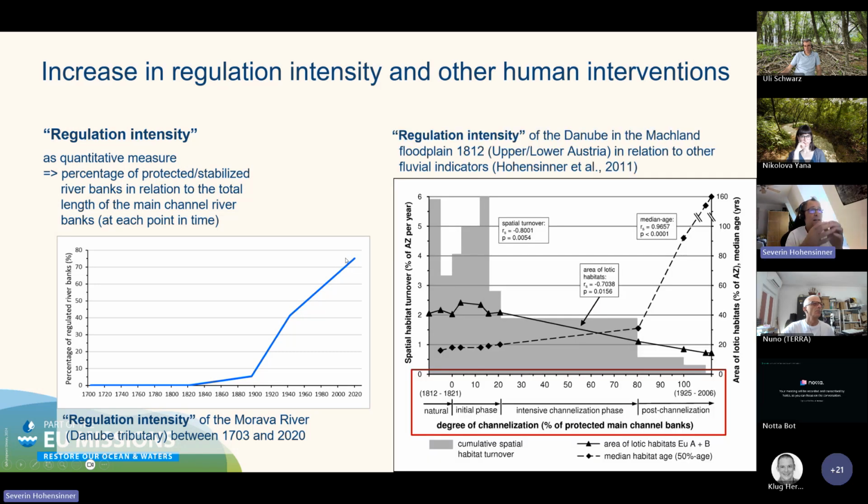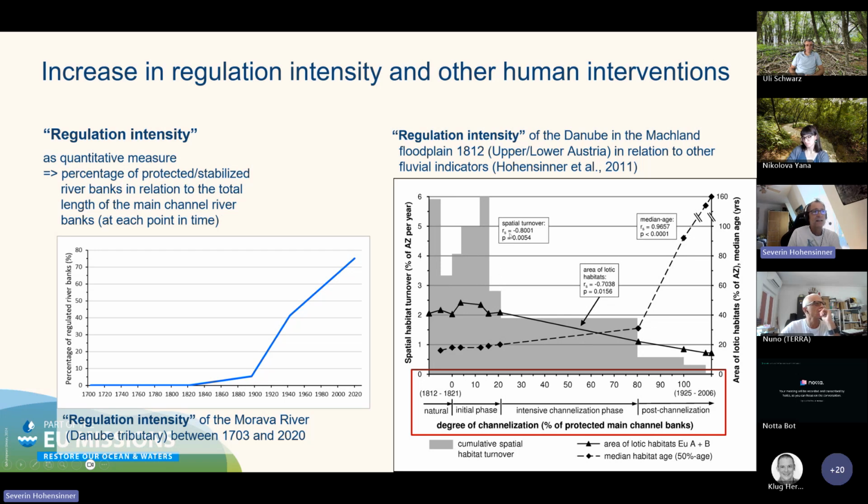And here another analysis. We will not do this in this form in DANSER, but the connection between regulation intensity in relation to other fluvial indicators. You see here in the x-axis the regulation intensity, or here called degree of generalization, from 0 to 100%, and different metrics, how they reacted with ongoing river regulation.